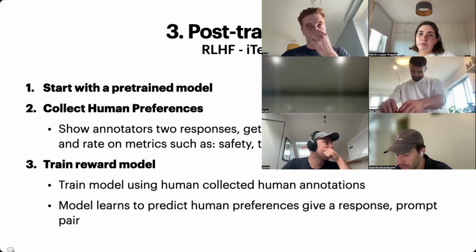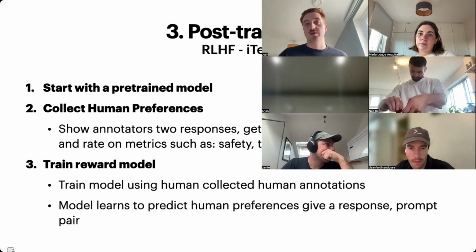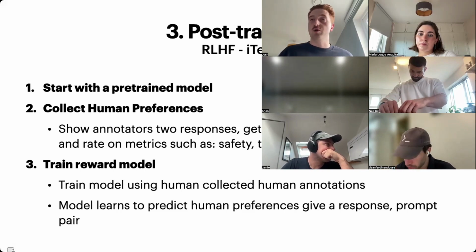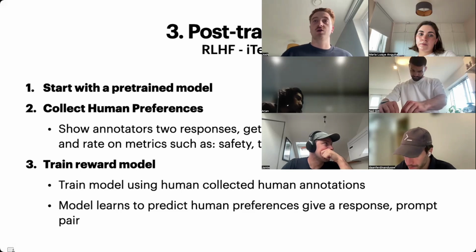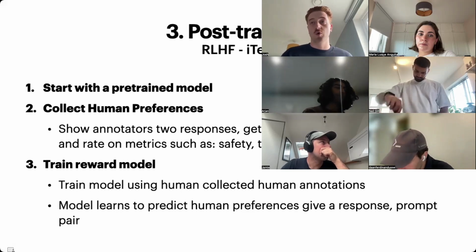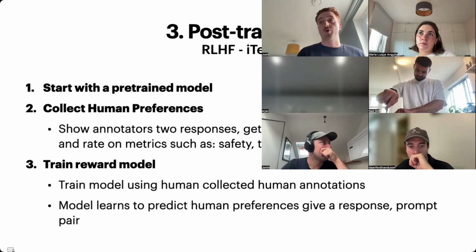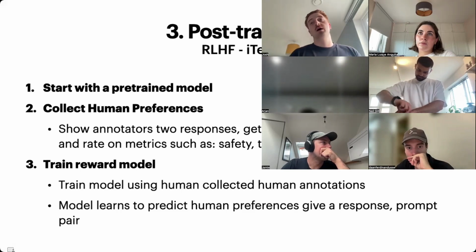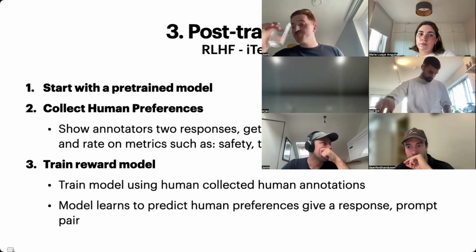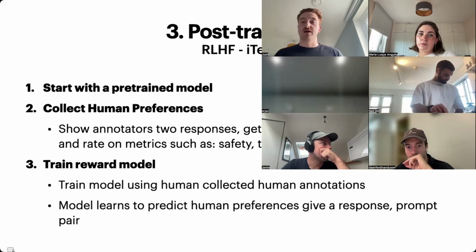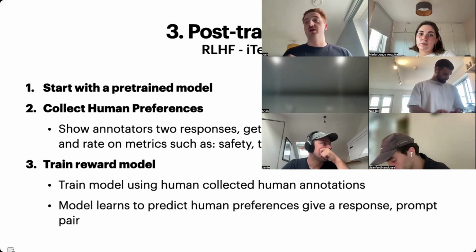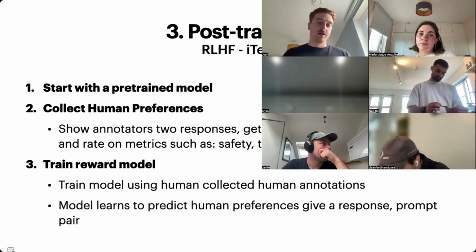All this data is tracked and used to train the models. Then you gather these human preferences and you train a reward model. The goal of the reward model is, given a prompt and response pair, to predict what the human preference is going to be. So it's a model that learns to understand if a given prompt-response pair is going to be good or bad, essentially.